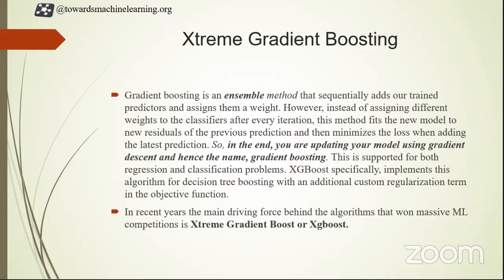The main reason behind the invention of XGBoost is that gradient boost computes the output at a very slow rate and takes a huge amount of memory.